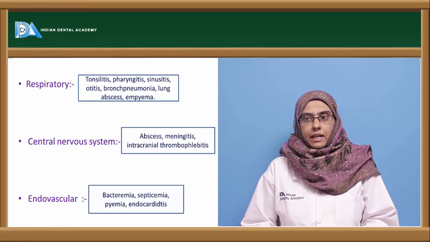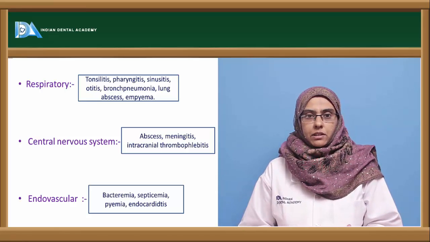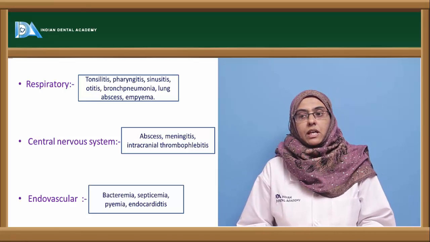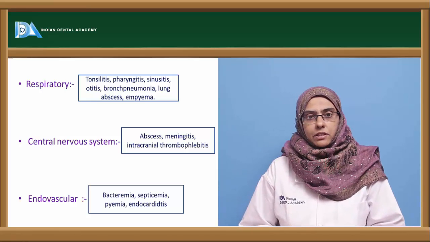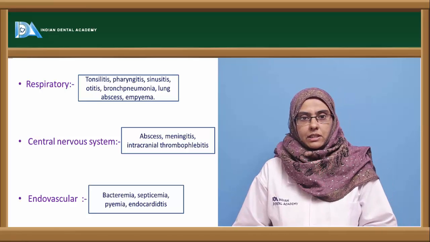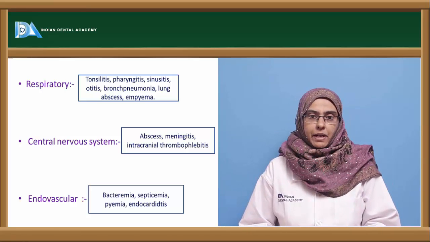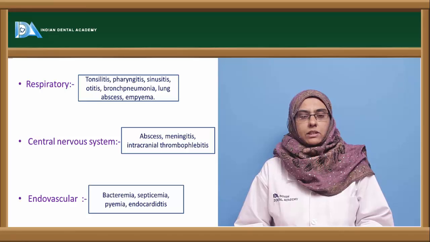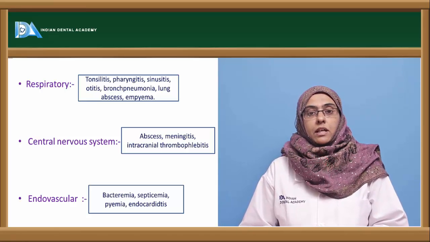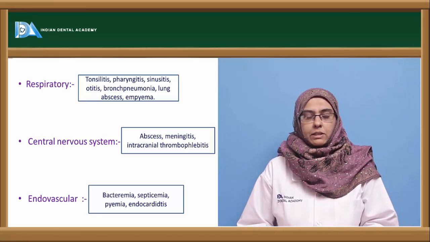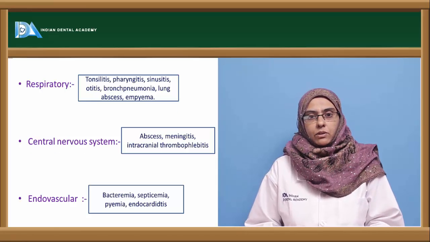You have lung abscesses and empyema, that is collection due to pus formation. Involving the central nervous system, it can cause abscesses, meningitis, intracranial thrombophlebitis. And endovascular, this organism entering the system can lead to bacteremia, septicemia, pyemia and endocarditis.